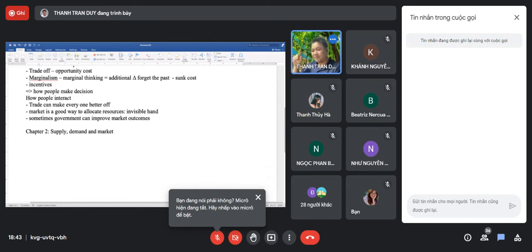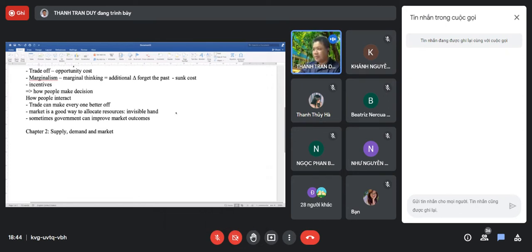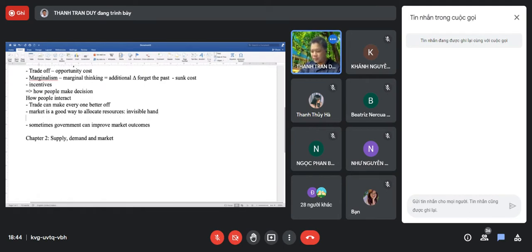He said, people do everything for their own benefit. I interpret it to make it easy to understand.